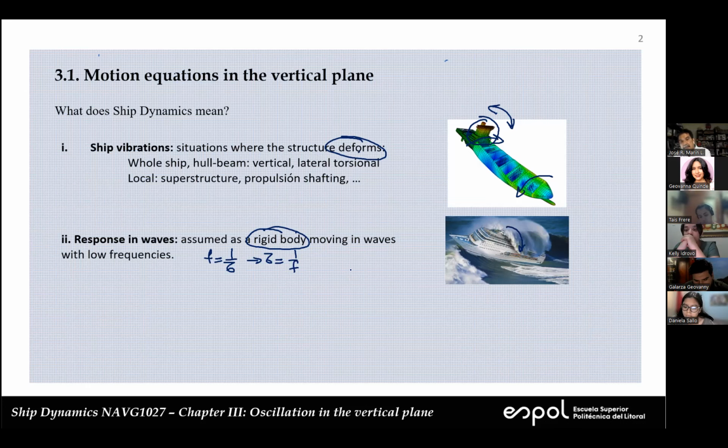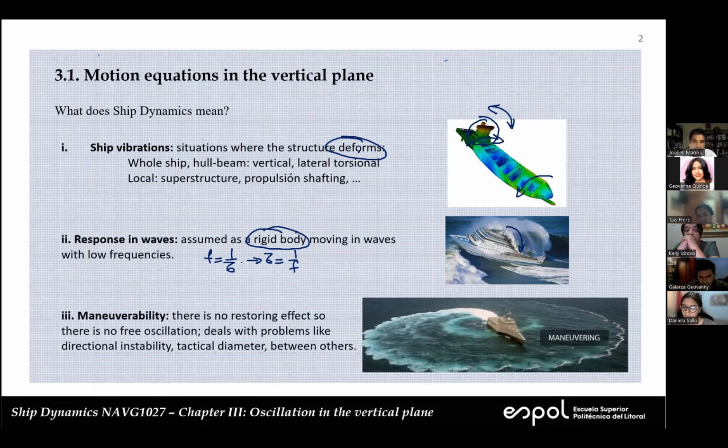And finally, the other application in ship dynamics is maneuverability. Now in this case, there is no restoring effect. That means that, for example, you take the ship and move it to the side. There's no net force which brings it back.